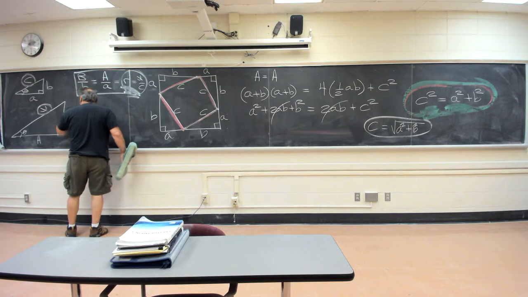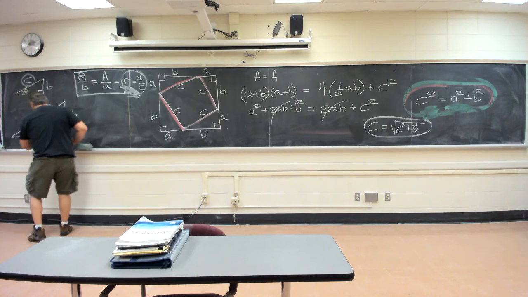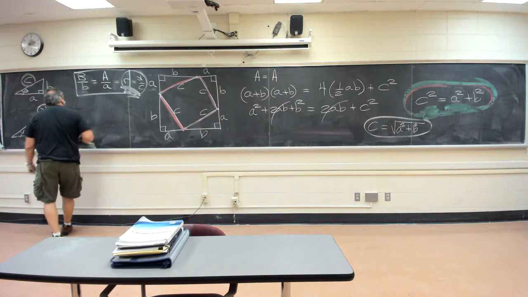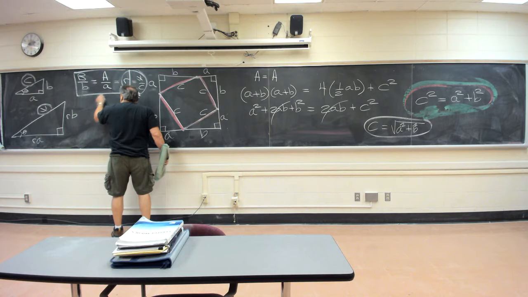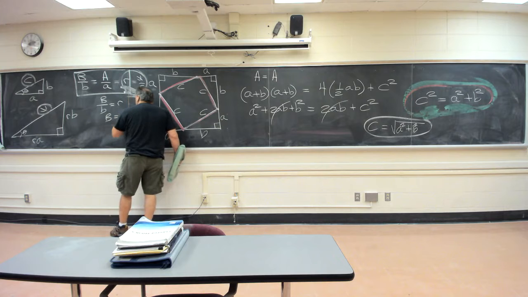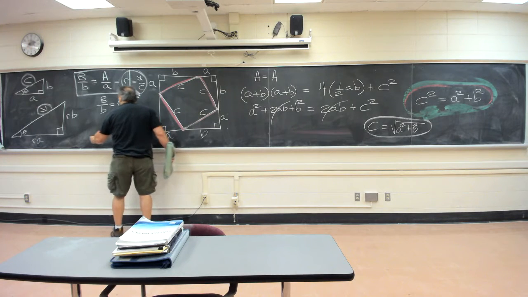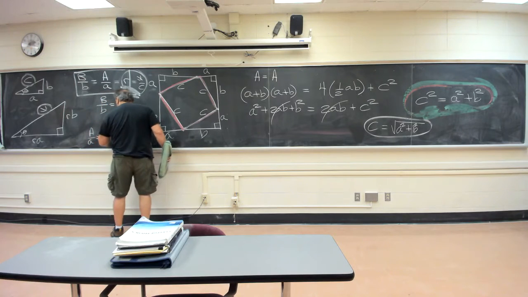This is R times small b. This is R times small a. Is that true? Yeah. Big B over small b equals R, multiplied by small b on each side, that's Rb. Big A over small a equals R, multiplied by small a on each side.